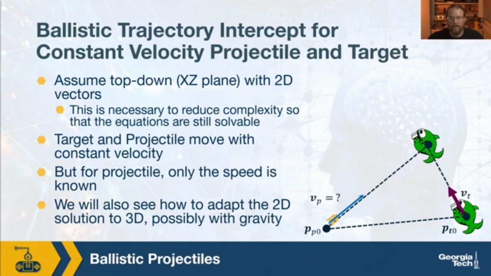Our projectile is not going to be affected by gravity. Since this is in 2D in the XZ plane, we're basically ignoring gravity. And for the projectile, we only know the speed, and we're calculating for launching at full speed. Even though we're restricting this to 2D, we will later see that we can come up with useful solutions to the ballistic trajectory for 3D as well. But there will be some caveats, so we'll wait and see about that.